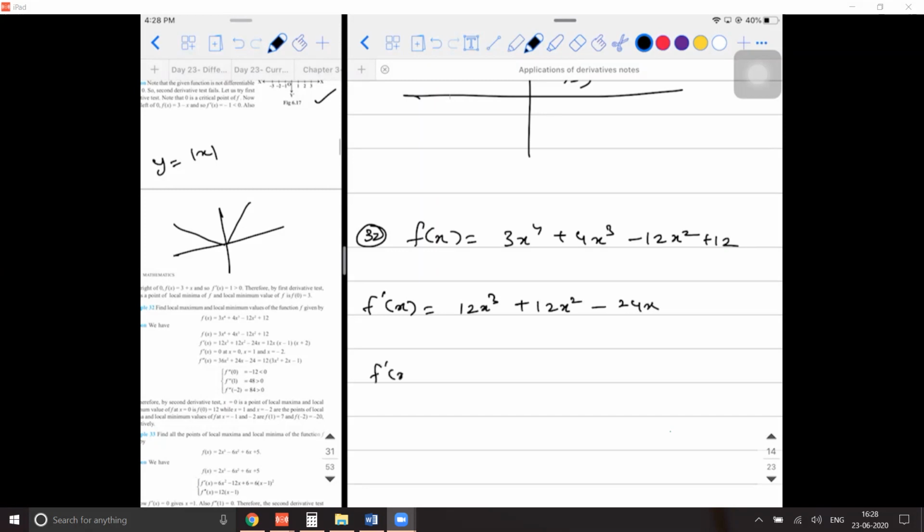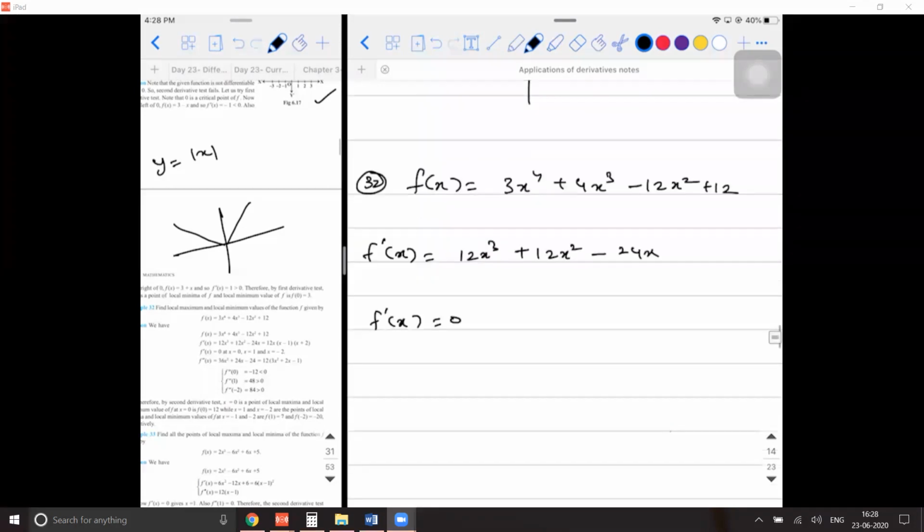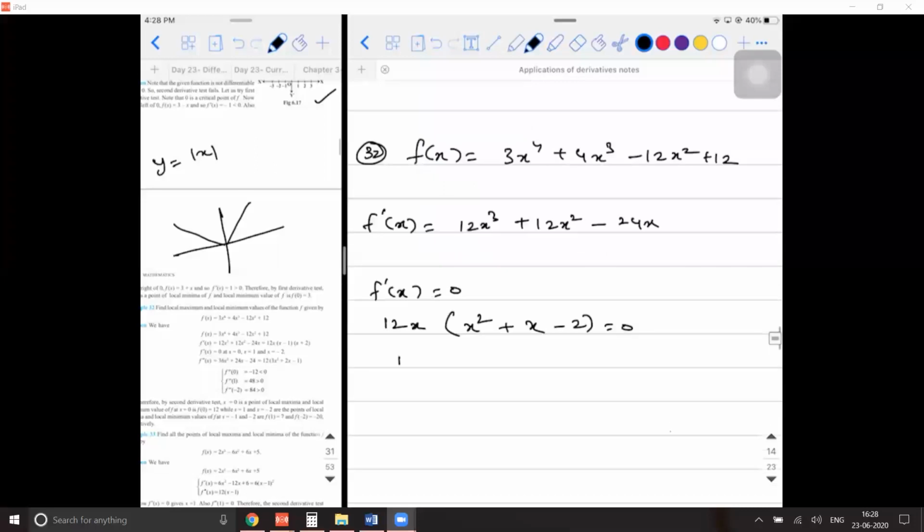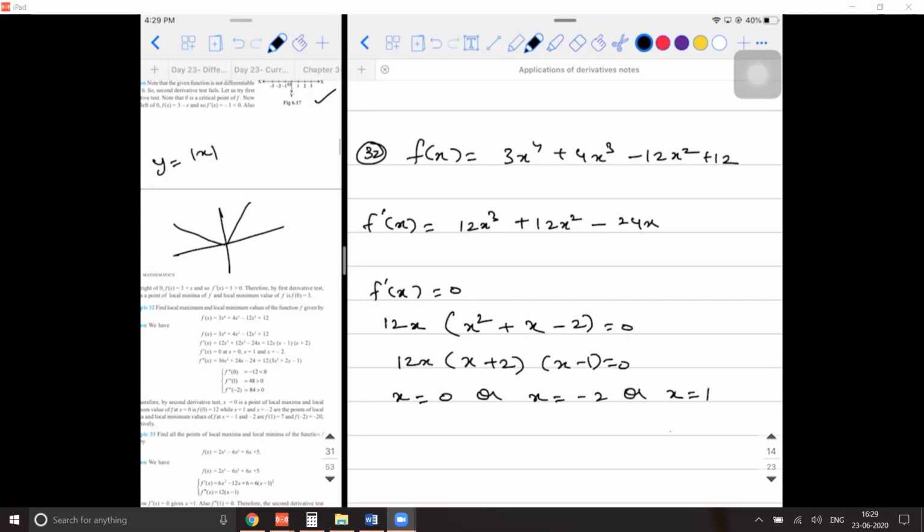So f dash of x equal to 0. What can I take out? 12x I can take out. x square plus x minus 2 equal to 0. So 12x into (x plus 2) into (x minus 1) equal to 0. So x equal to 0, or x equal to minus 2, or x equal to 1. Right?